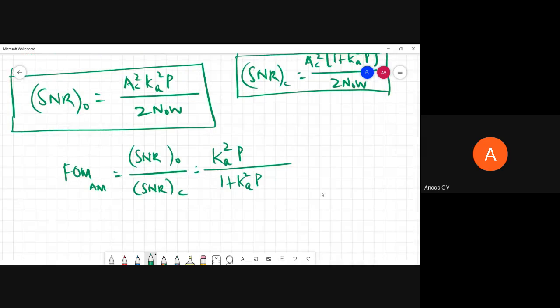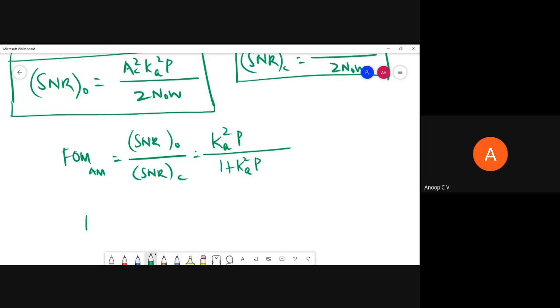So I'll rewrite it. The figure of merit of AM, that is AM with envelope detector or standard AM, is equal to Ka square P divided by 1 plus Ka square P, where P is the message signal power and Ka is the amplitude sensitivity, right?